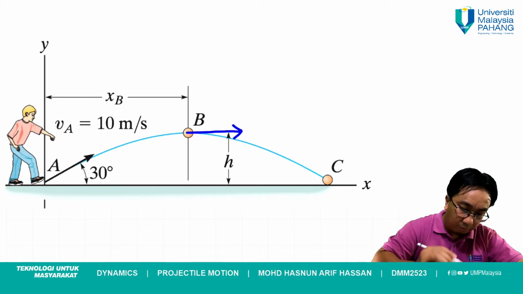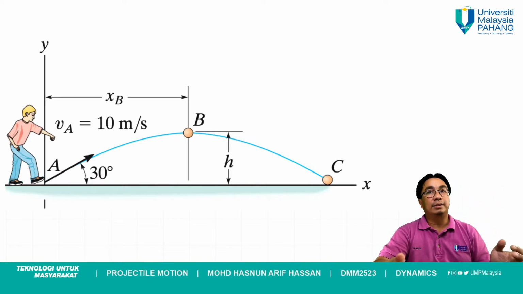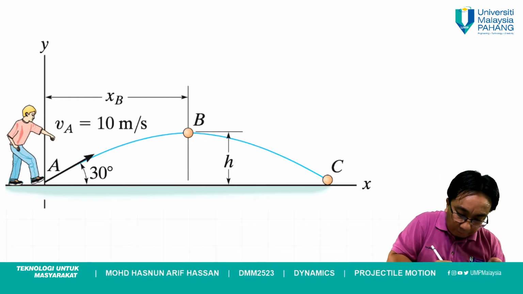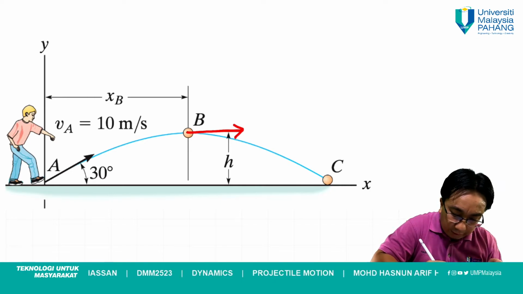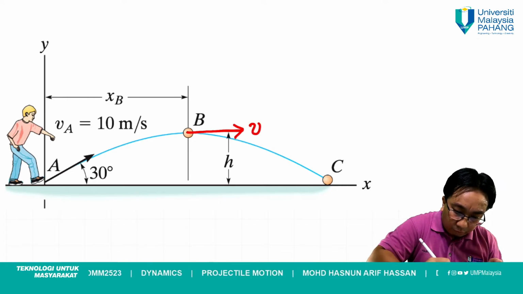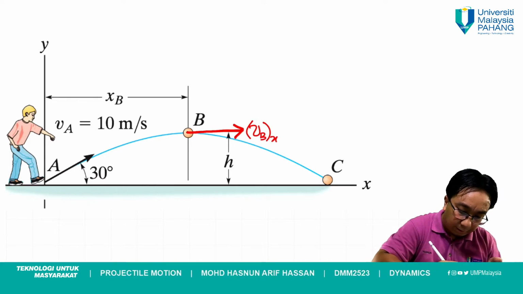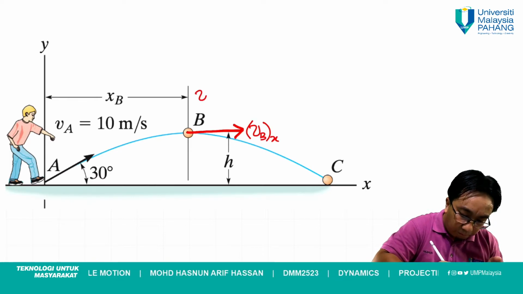Kita tengah discuss tentang Y axis. So pada point B, kita tahu bahawa V yang ada hanyalah VB in X axis. So here VBY sama dengan berapa?